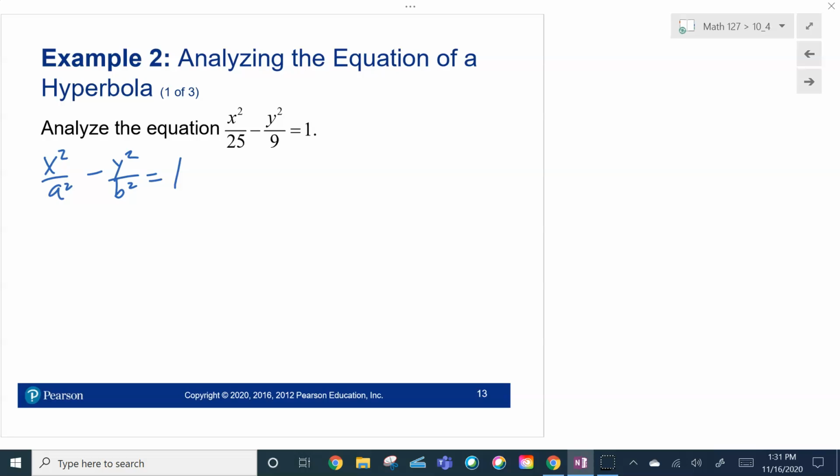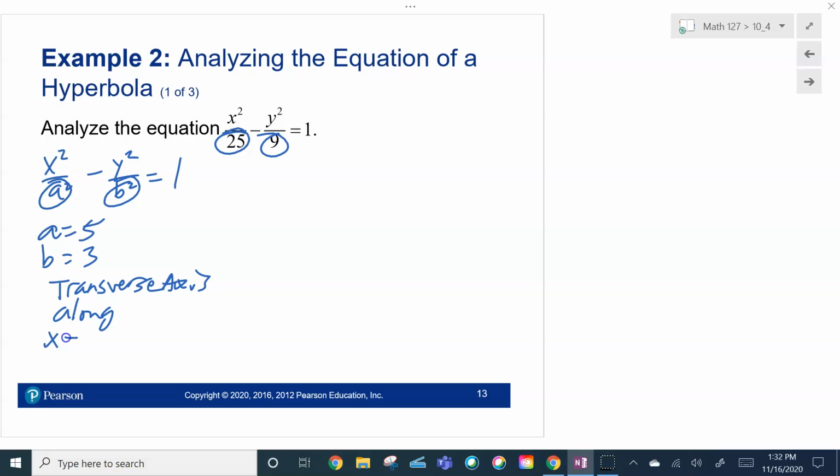The center's right in the middle. This is telling us that if a squared is 25, a is 5, and b squared is 9, b is 3. So the transverse axis is along the x-axis.